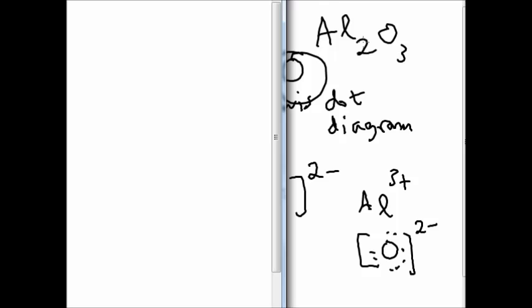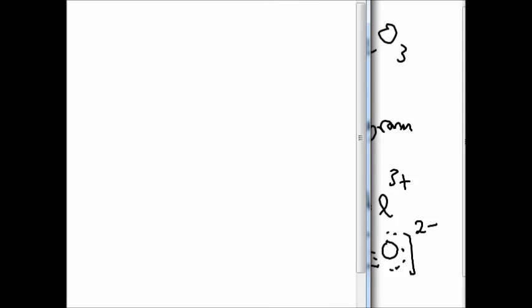Let me get a new page for you. Ions all form crystalline solids, and this is what I mean by that. Let's draw a little box for you using a lighter color.